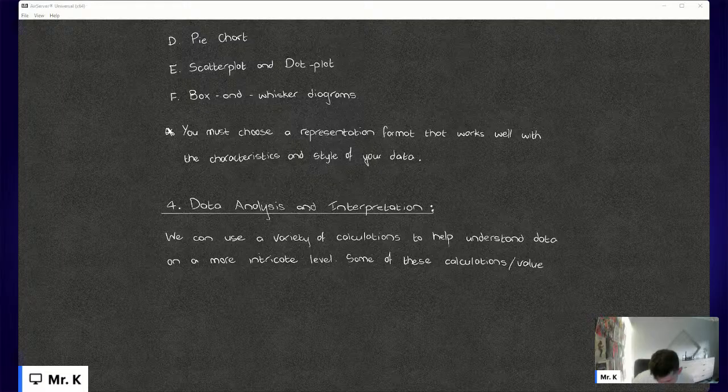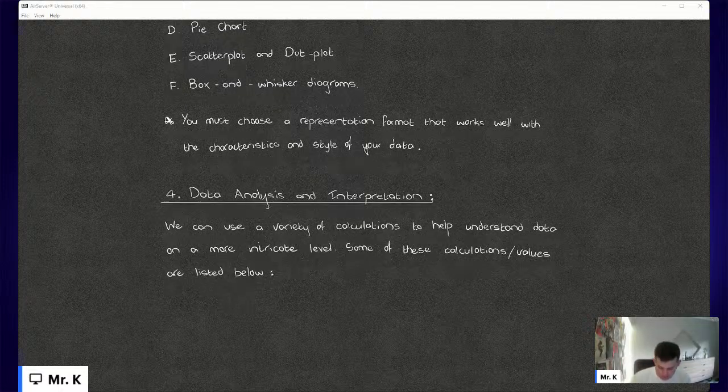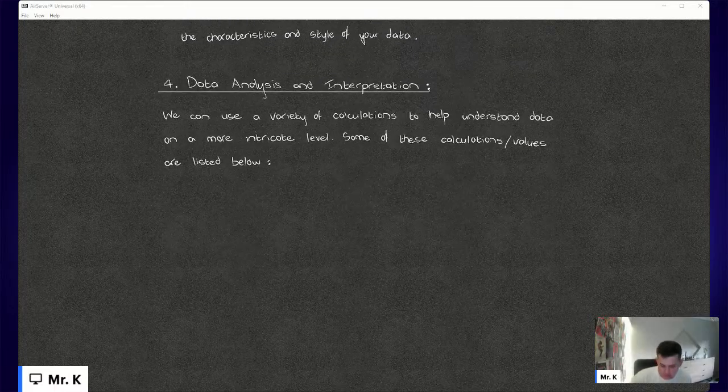So we've now put our information into different kinds of graphs, but how do we now understand this information on a more intense level? How do we see the things that are not super obvious at first?